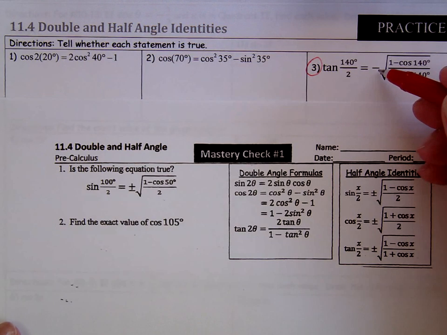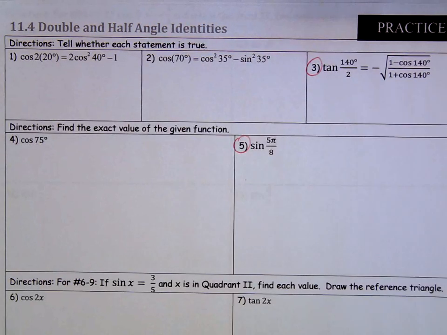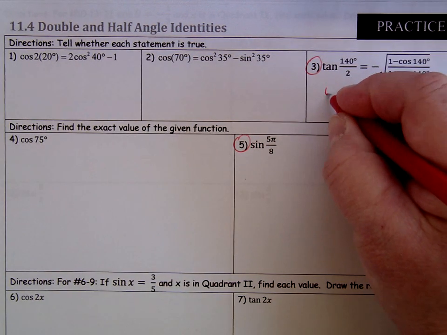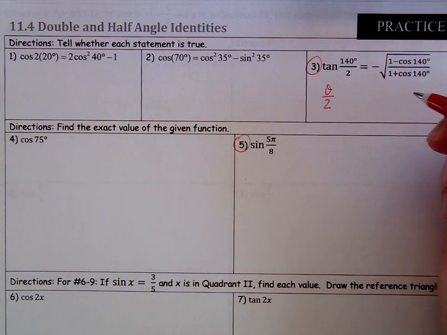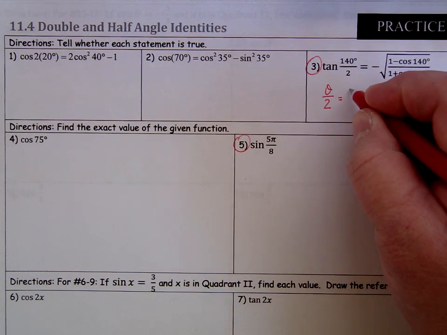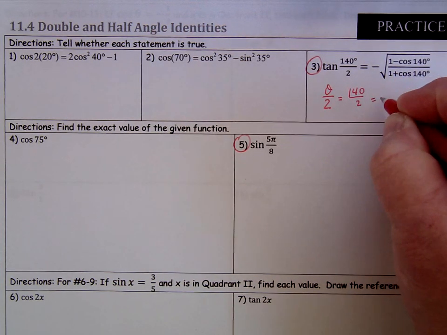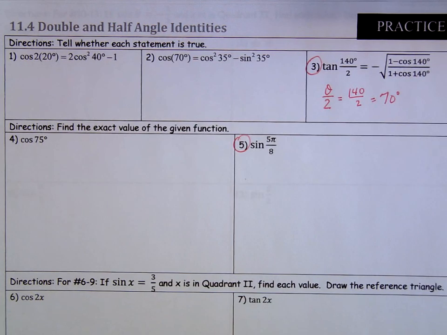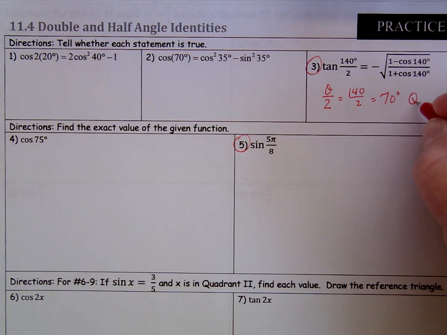Now the question is, is this negative or is it positive? So I think about the half angle formula. Remember we talked about this in the intro video. I'm basing everything off of theta over 2. Well, if I've got 140 over 2, that means I've got 70 degrees. And if I'm thinking 70 degrees, I know I'm in quadrant 1.